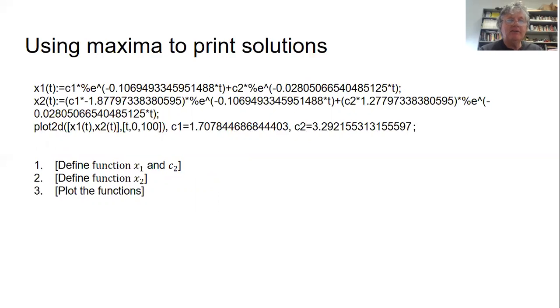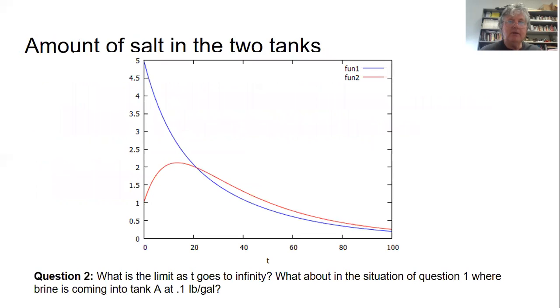So I defined functions x1 and x2, and then I use plot2d to plot the functions, and notice I could put in what the values of c1 and c2 are, again copied and pasted, and oops, there we go. That's the graph of our functions.